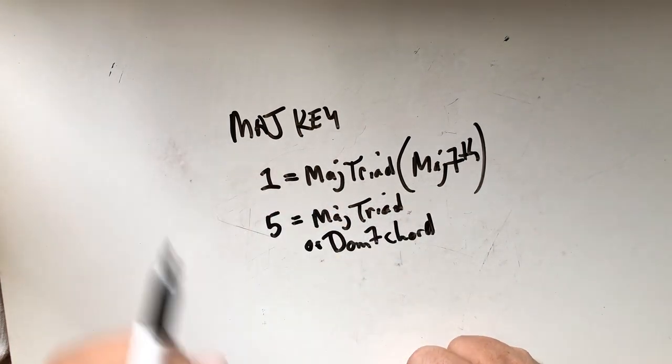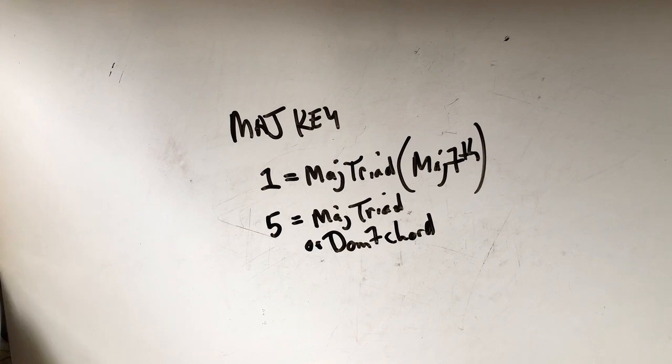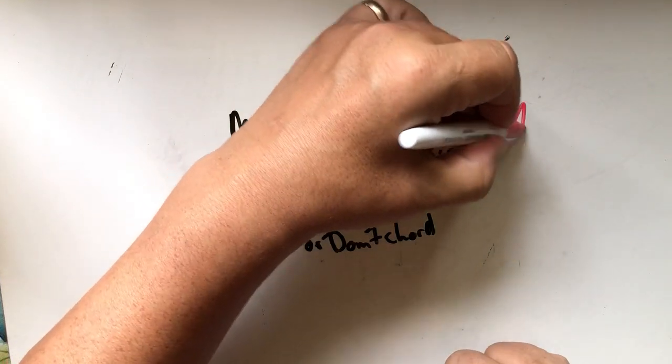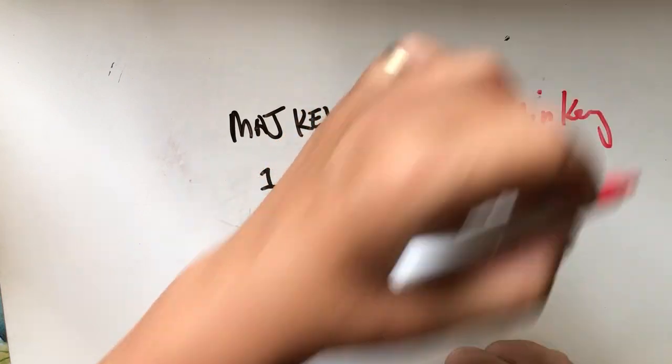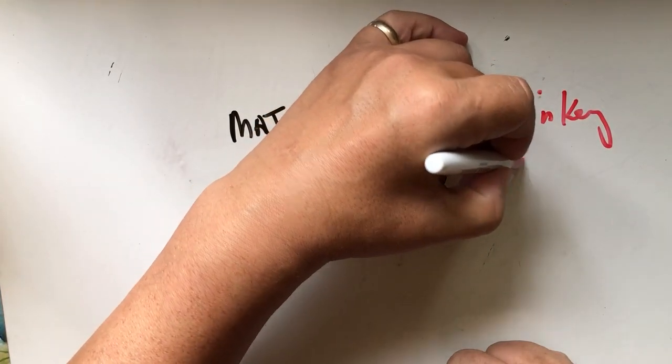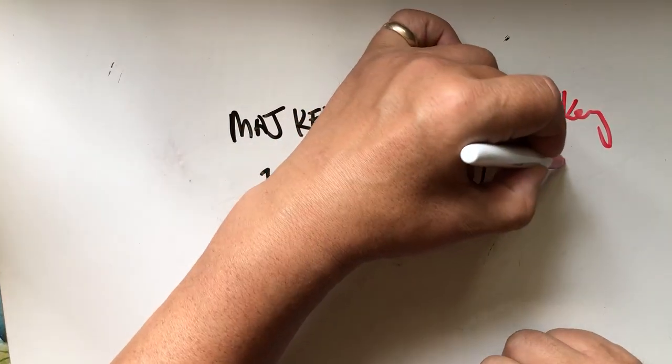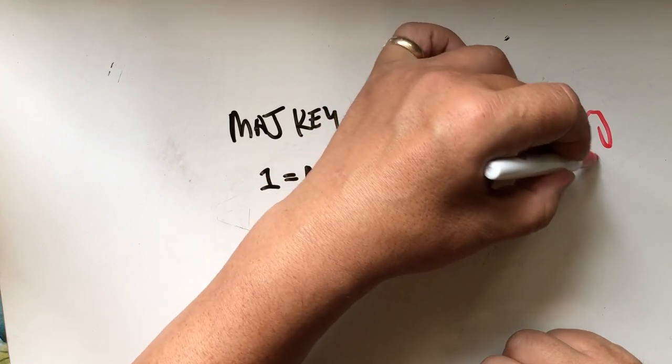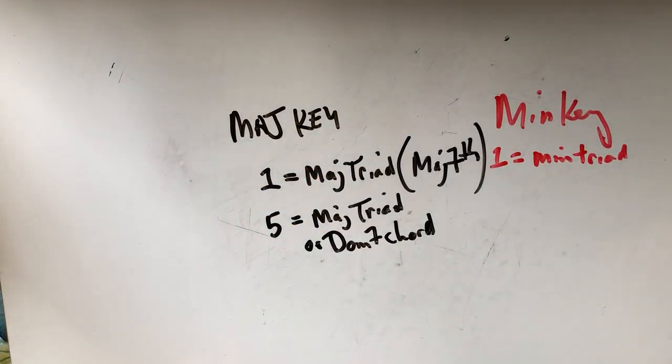Now here's the thing, when you're in a minor key using a minor scale, the difference is that your 1 chord is going to equal a minor triad, okay? It says we're in a minor key, we're using a minor scale.